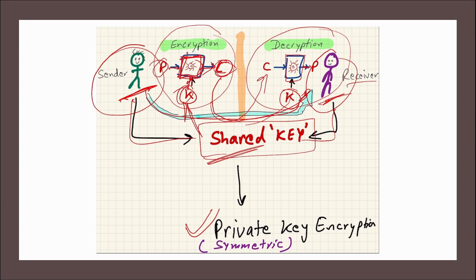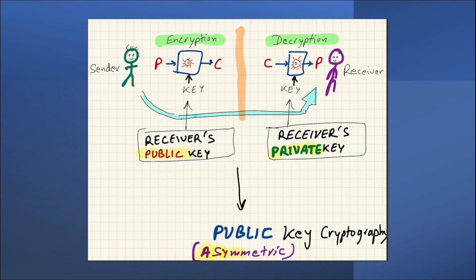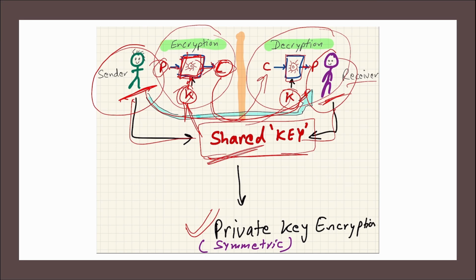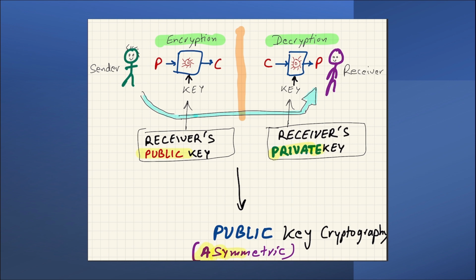Now let's deep dive into a little more complex part, which is public key cryptography or asymmetric cryptography. In the previous lesson we saw that as part of private key cryptography there is a shared key or shared secret which is known to both sender and receiver. But unlike this shared key, as part of public key or asymmetric key cryptography, both the sender and the receiver have two keys. The sender will have a private key and a public key, and the receiver will have a private key and a public key.